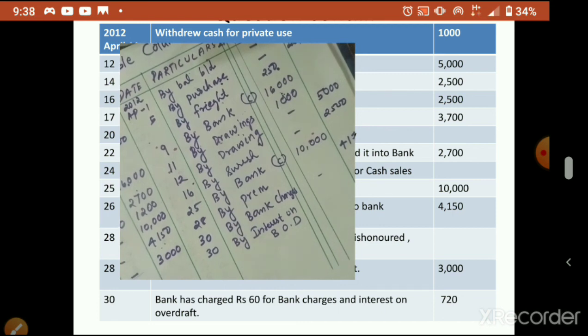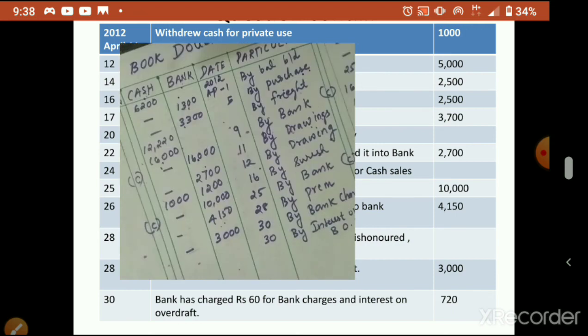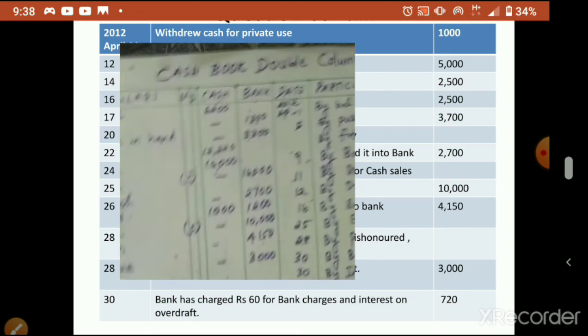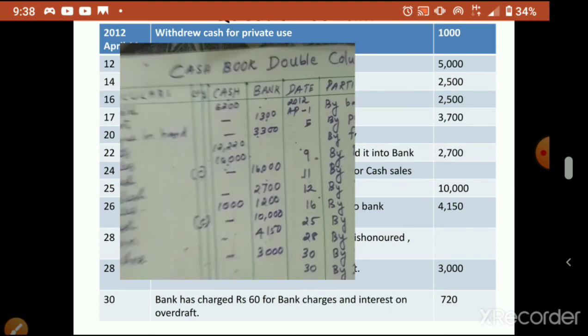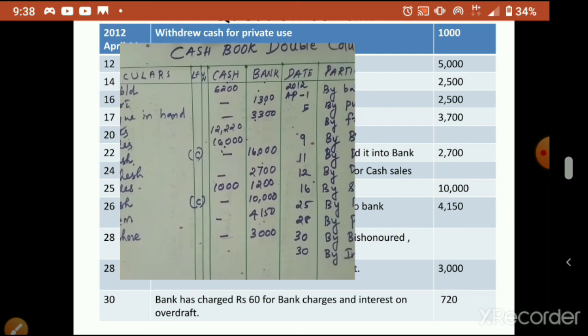Now what to do? We have to total it and balance it. Okay. So totaling and balancing: you can total both the sides first, and then see which side is more. So cash and cash you have to compare, bank and bank you have to compare. Okay, debit side cash and credit side cash.